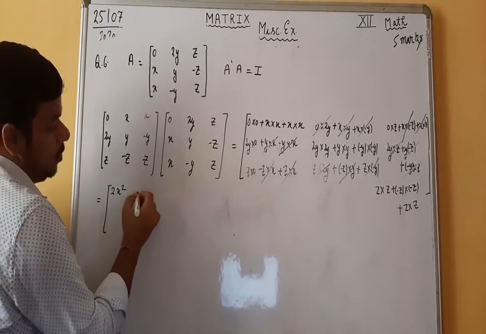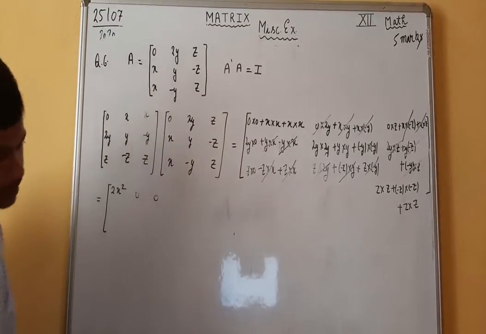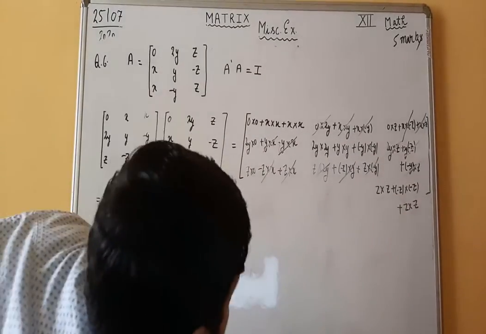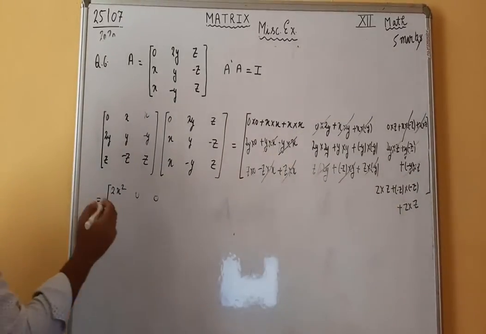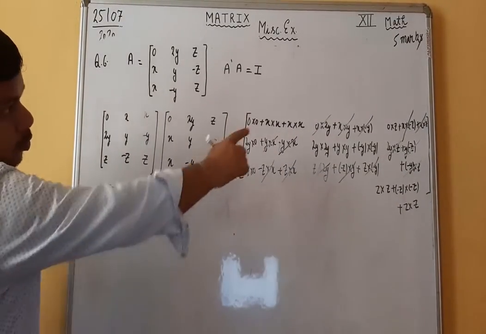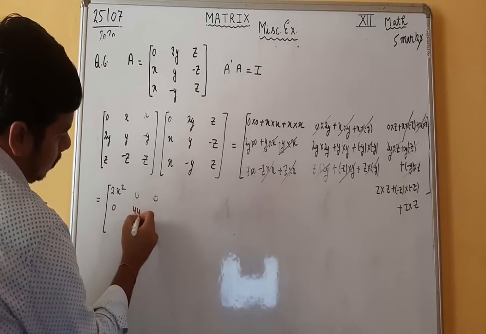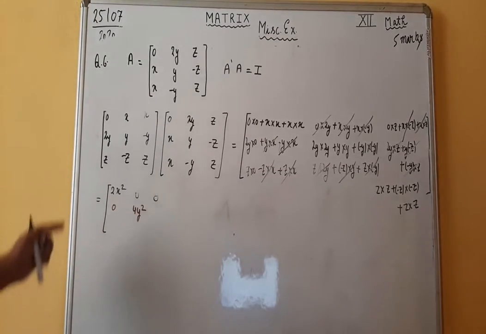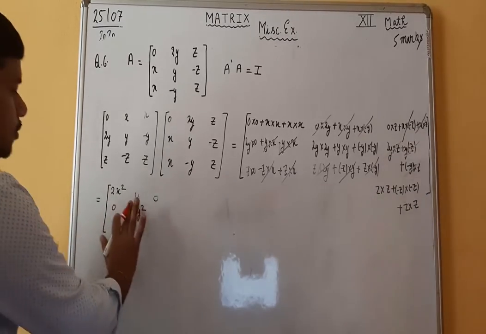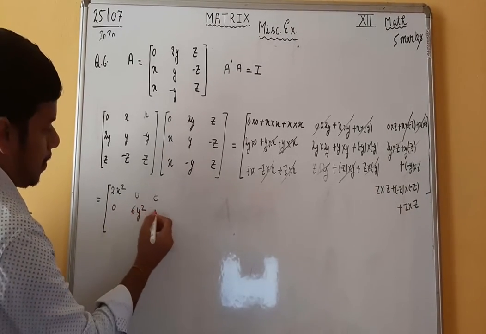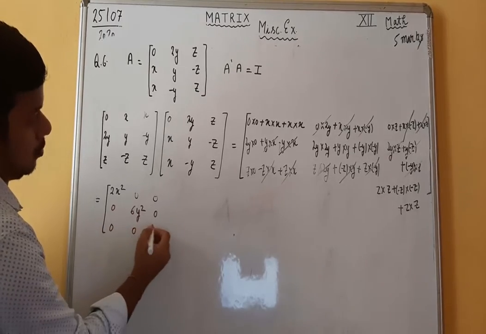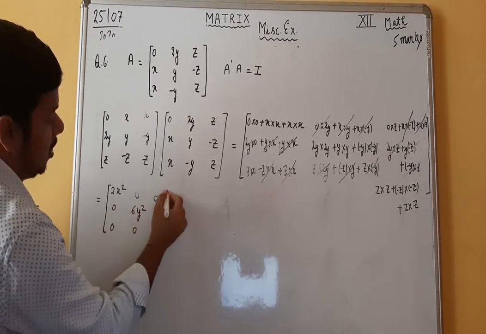So you are left with 2x square, 0, 0 in the second row, 0, 2y square plus y square plus y square means 4y square, 6y square, sorry, and 0, 0, 0, 3z square, and it is equal to what?